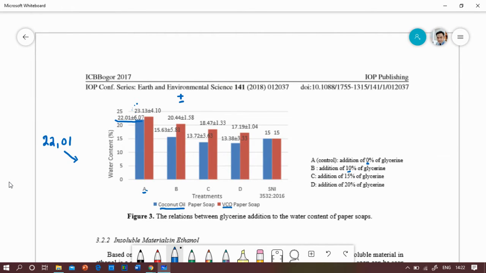I'm sure by now you already have the answer. 22.01 plus 6.07, it's going to be 28.08. And then 22.01 minus 6.07 is 15.94.